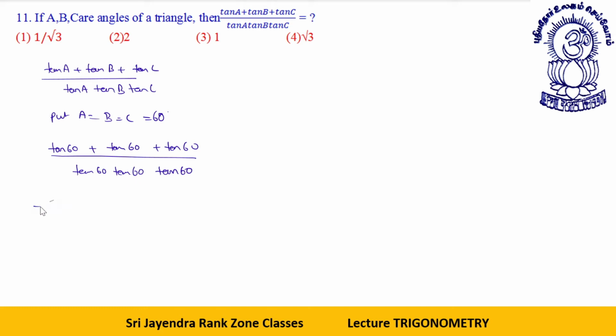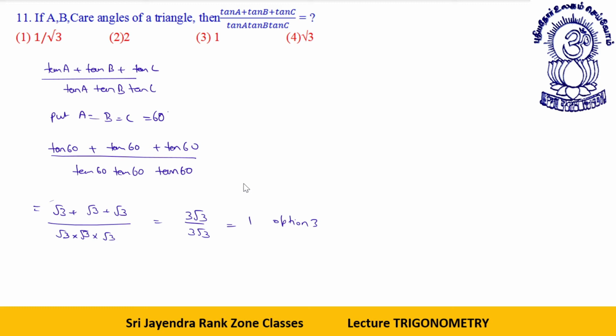So it becomes root 3 plus root 3 plus root 3 divided by root 3 into root 3 into root 3. This is like 3 times root 3. This is also 3 times root 3. So you get 1. Which is the option? Option number 3 is your answer. Fine, dear students. Next. So far, I hope this is clear.